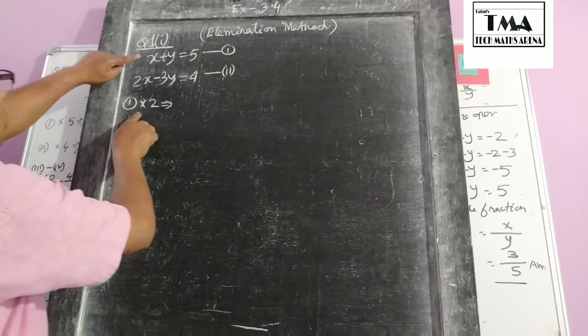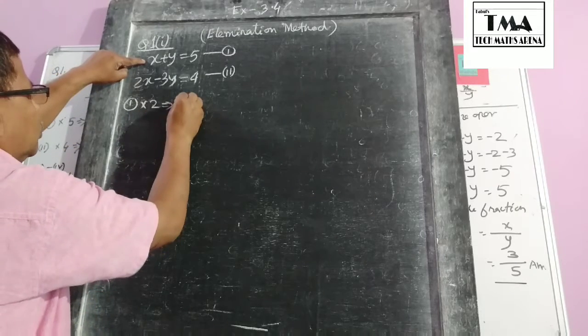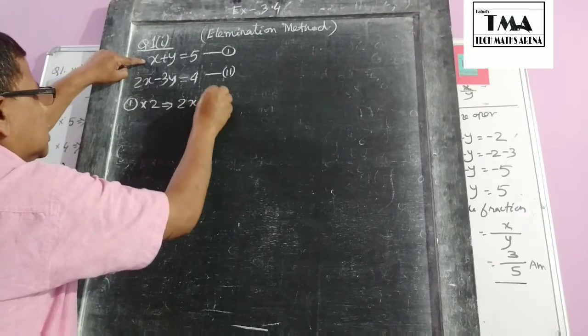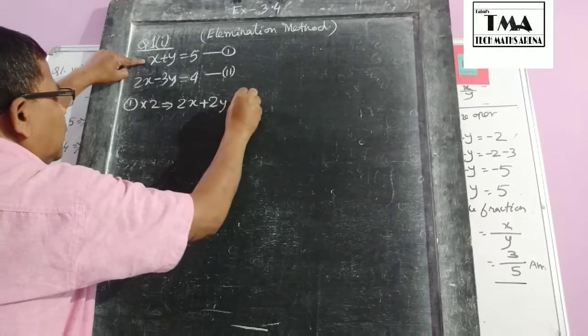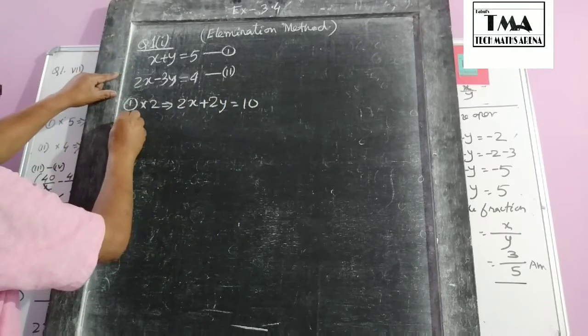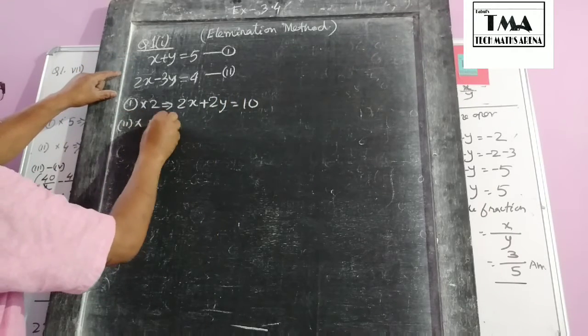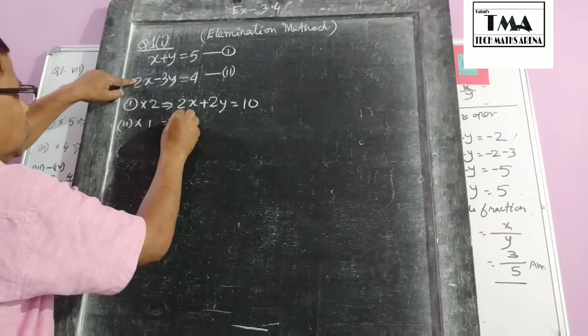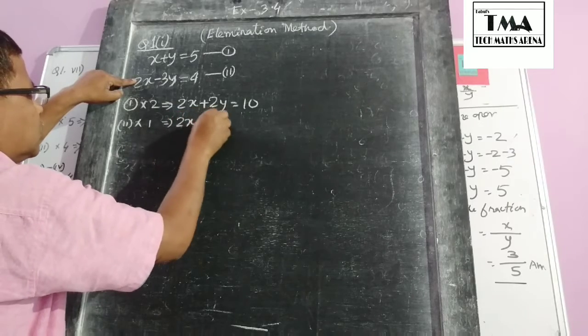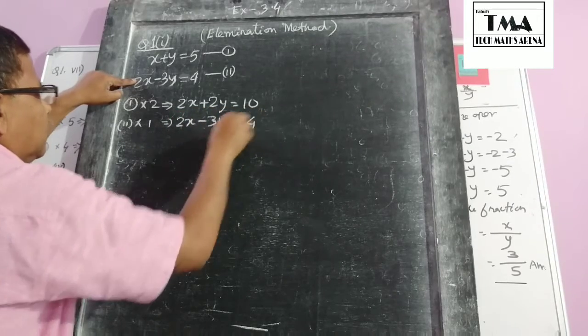Okay. So now by multiplying by 2, this is 2x plus 2y is equal to 2 fives are 10. Now the second equation is multiplying by 1. This is 2x minus 3y is equal to 4.